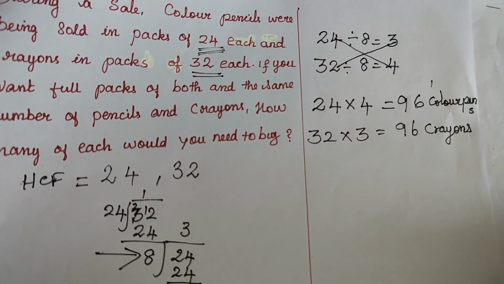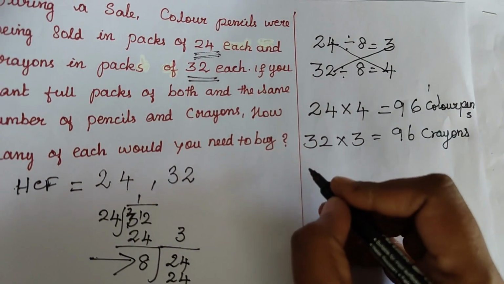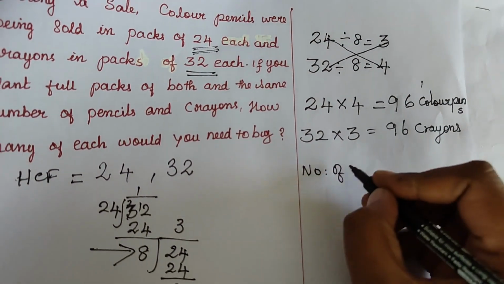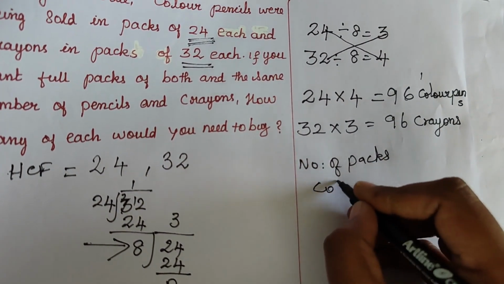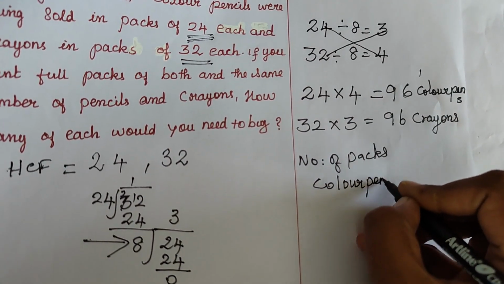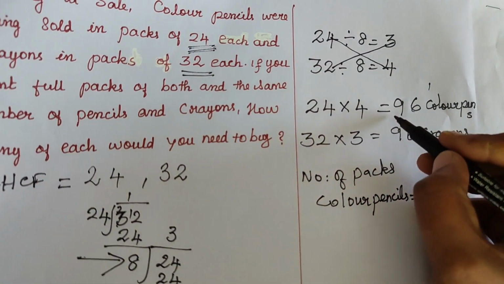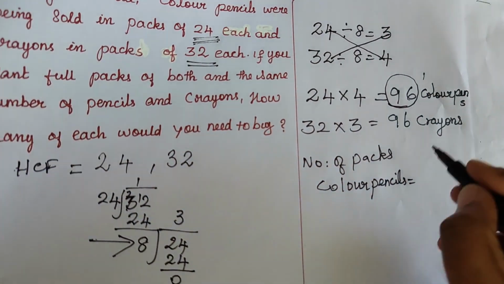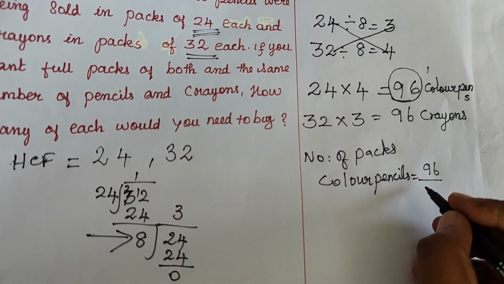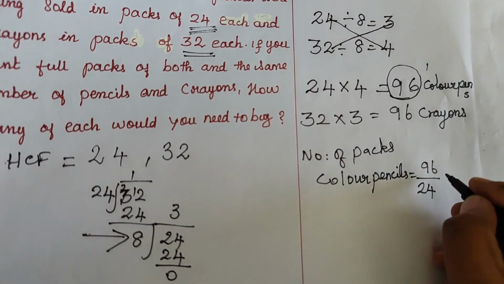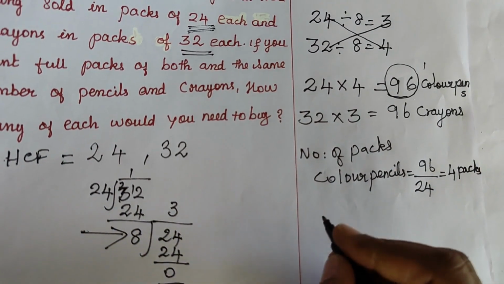So how many packs of color pencils are needed? To get an equal number, 96 color pencils must be purchased. So 96 color pencils divided by 24 color pencils in one pack: 4 packs of color pencils must be purchased.